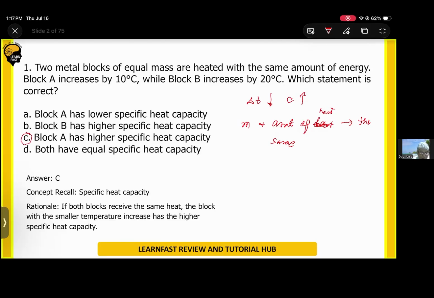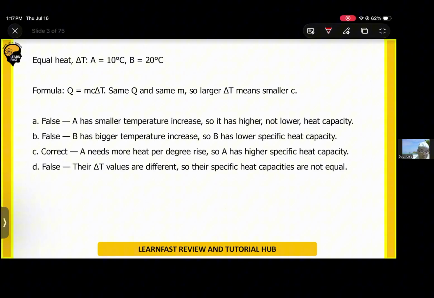So we move to number 2. Just to recap our discussed concept here, the concept is about specific heat capacity. If both blocks receive the same amount of heat, the block with the smaller temperature increase has the higher specific heat. That's why we chose option C as the correct answer.